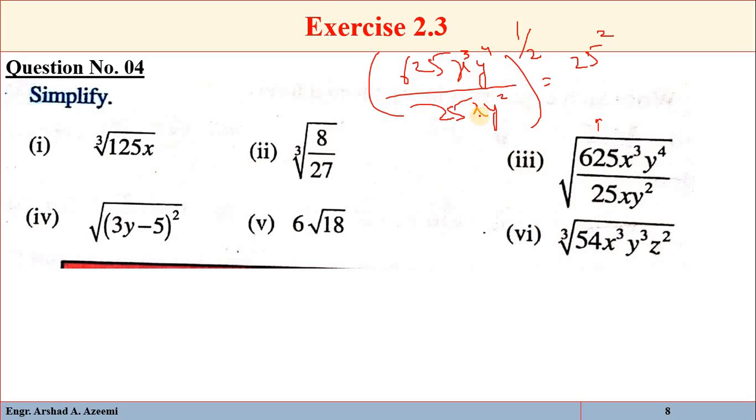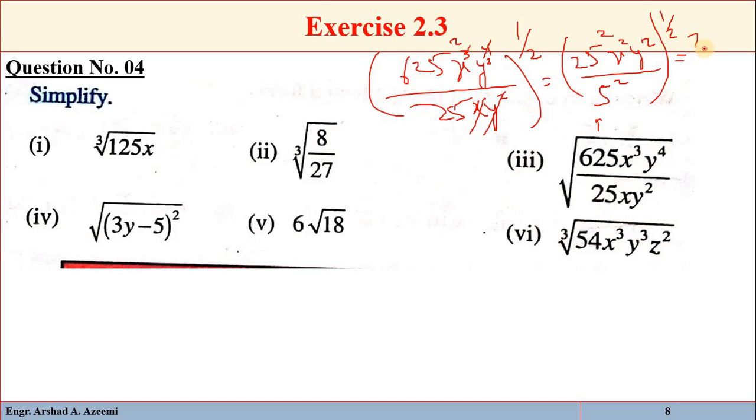Also 1 x will be cancelled here, so we will get 2, and 2 y will be cancelled here and here we will have 2, so it means that we will have x square and y square divided by 25, that is 5 square, whole to the power 1 over 2.